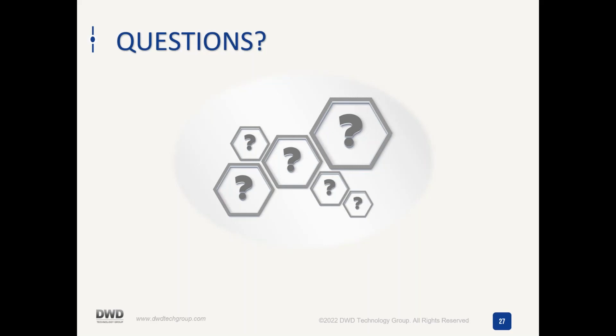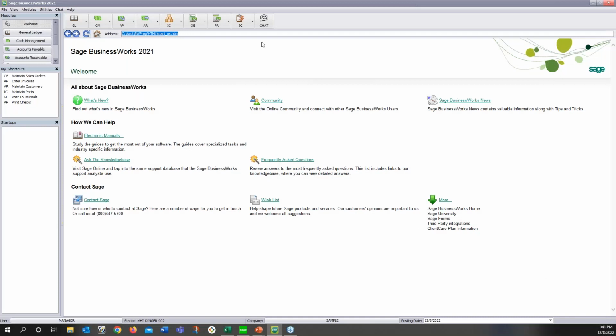Got another wonderful question that has come in and a comment. I'm going to talk to the comment here quickly. I did get corrected. Service Pack 11 for BusinessWorks 2021 is the most current service pack. So if you do not have that installed yet, and how can I tell?